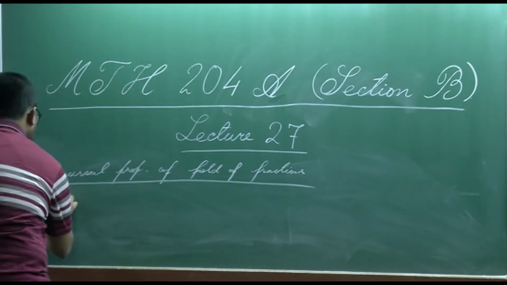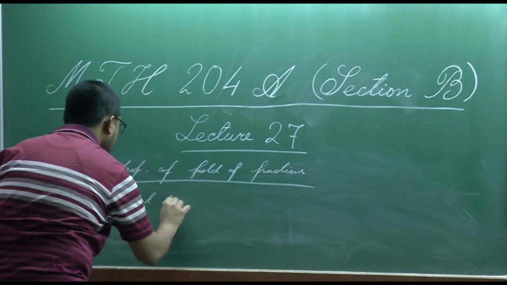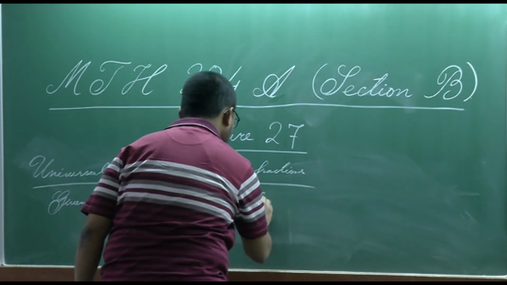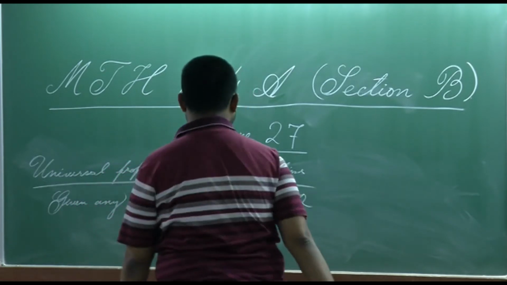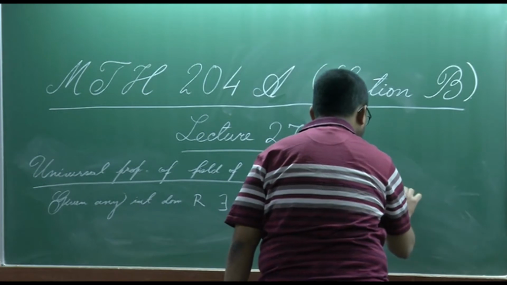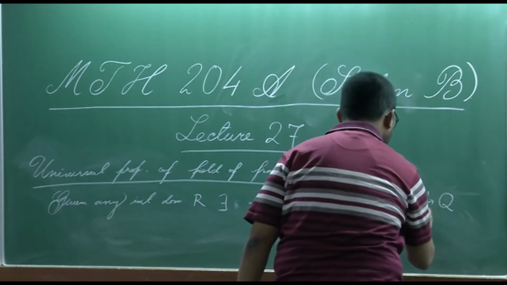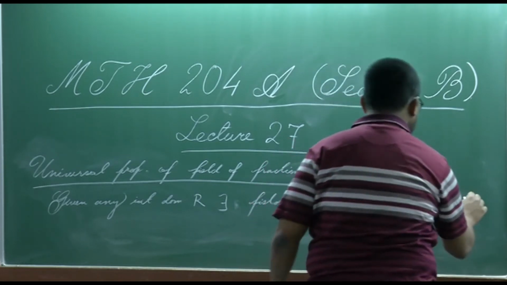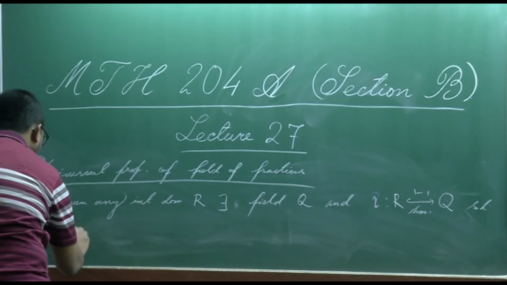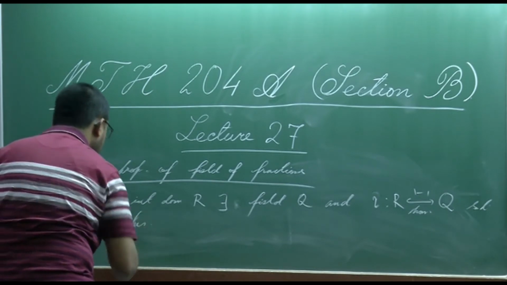So, what it says is, given any integral domain R, there exists a field Q and a 1-1 homomorphism, which we denote by I, from R to Q, such that the pair Q comma I satisfies the following property.